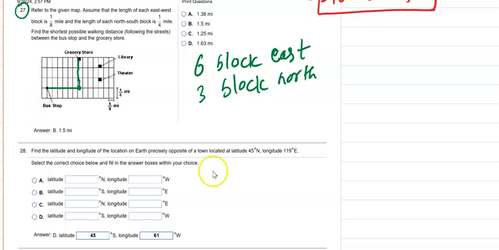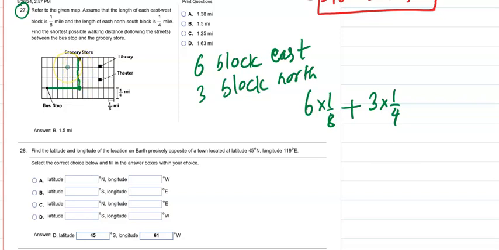Each block from east to west is 1/8 mile, so you multiply 6 times 1/8. That's the horizontal distance you travel. Plus the vertical distance traveled is 3 times 1/4, because each block here is 1/4 mile in length, by the way, all are in miles.